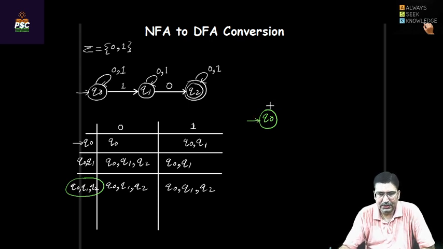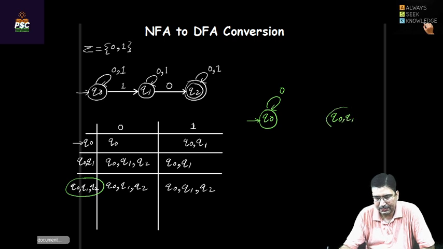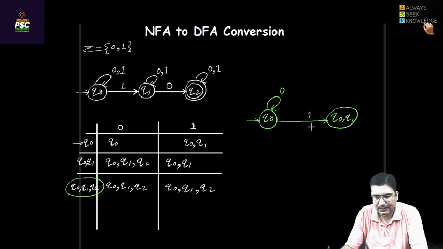Now on Q0, when 0 is coming, it has a loop, right? But when 1 is coming, there is one state, so I am writing Q0 Q1 as a state. Now when 1 is coming, we are leading towards this state, like this.